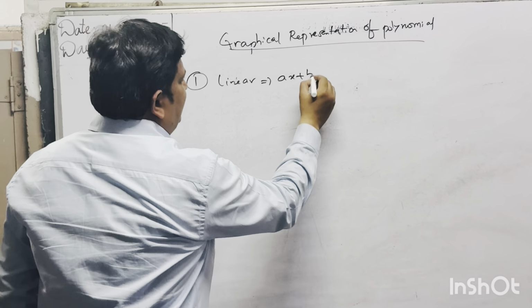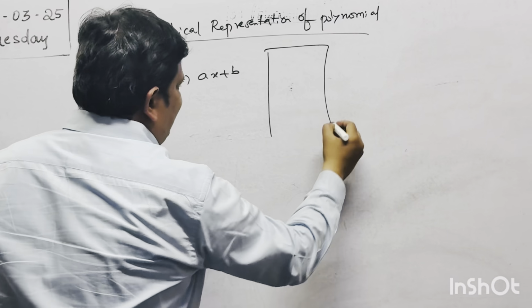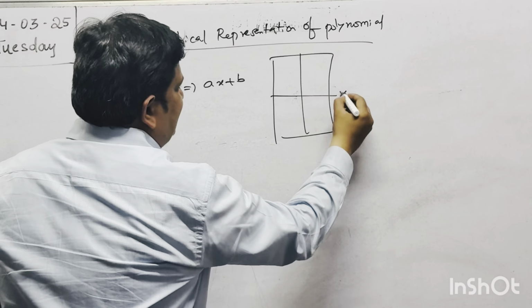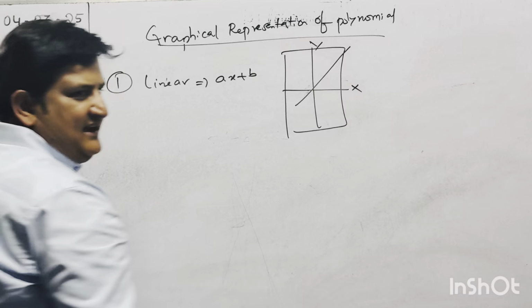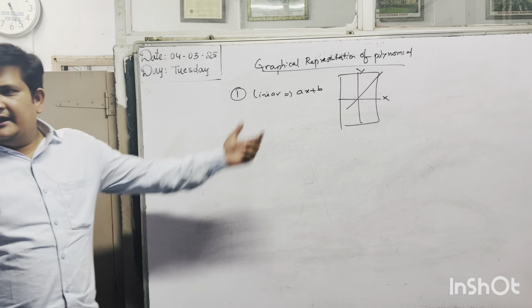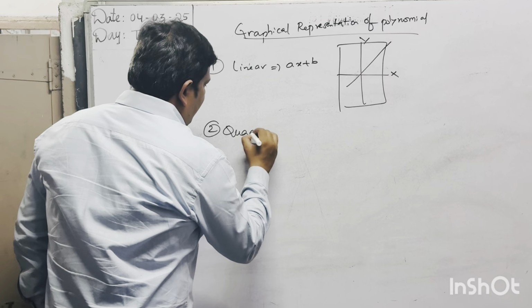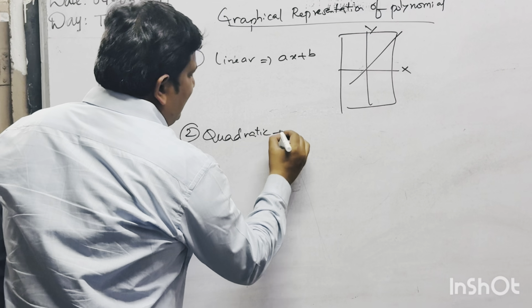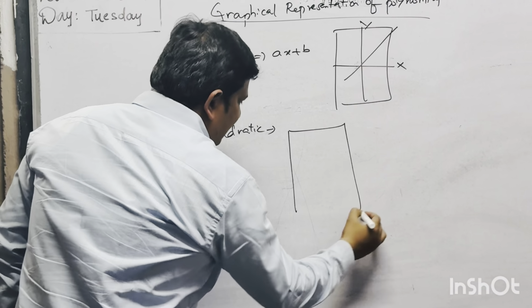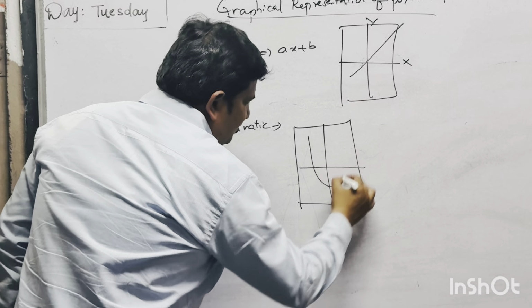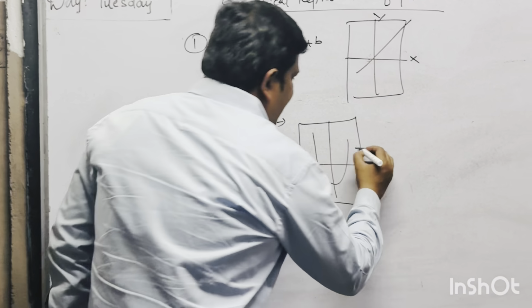Ax plus b unte the graph whatever it is there, it is x-axis and y-axis, you get a straight line. It is for the linear graph. Now coming to the next one, quadratic polynomial. The graph is a U-shaped graph. It indicates parabola.